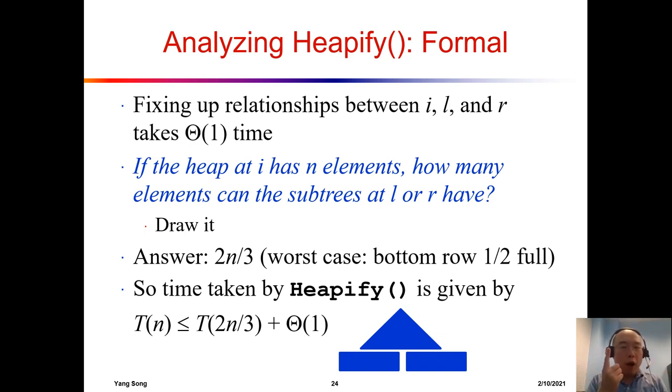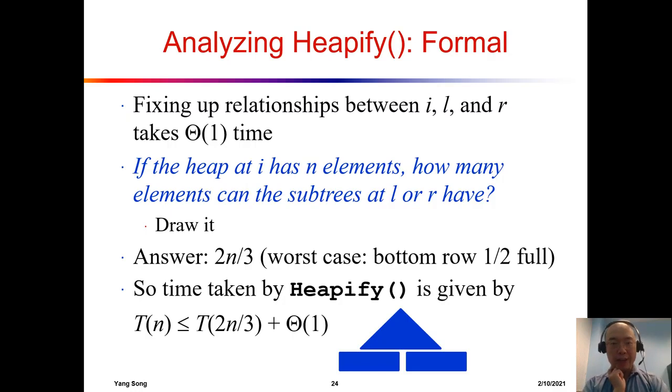One observation is that the number of the nodes of those two triangles are definitely the same, because it is a full binary tree structure and we are dividing the bottom level into two halves. So for those two triangles, there should be exactly the same number of nodes. Okay? How about the number of the nodes in the triangle?